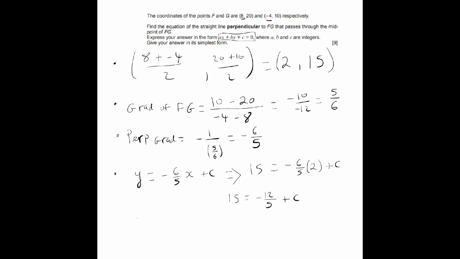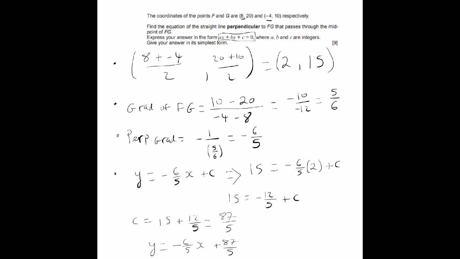To get c on its own, I need to add 12/5 to both sides. So we have c equals 15 plus 12/5, which again, you may as well do on a calculator, and that should give you 87/5. And this leaves us with the equation y equals minus 6/5 x plus 87/5.